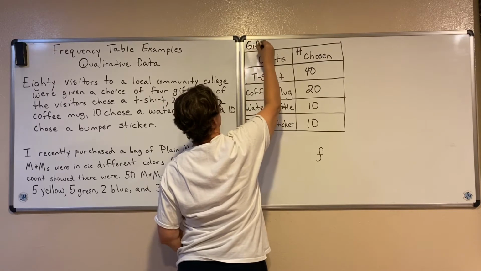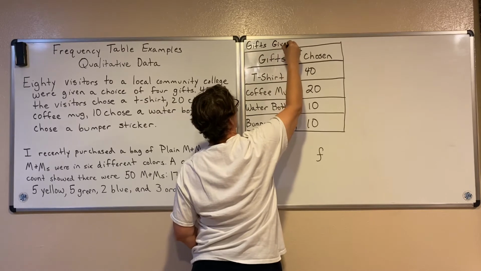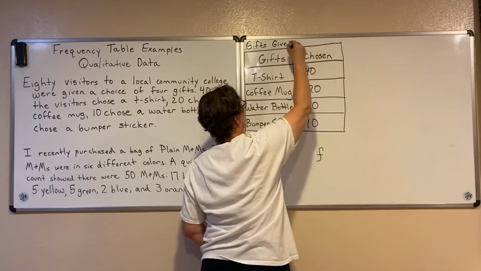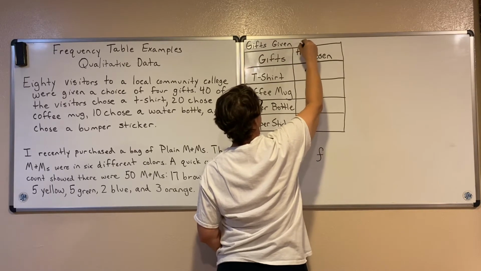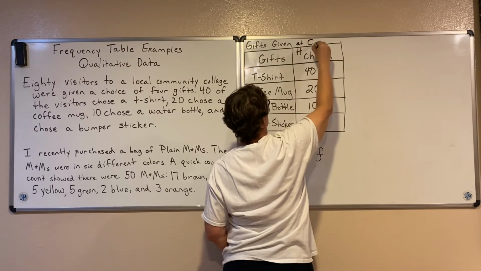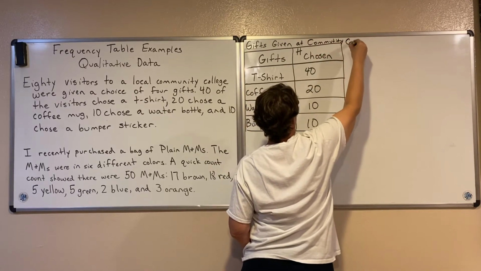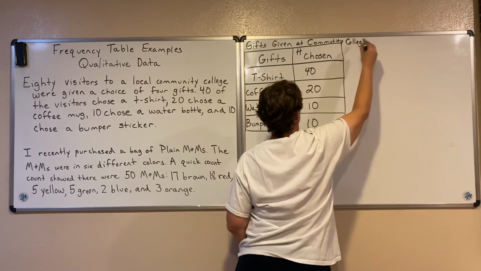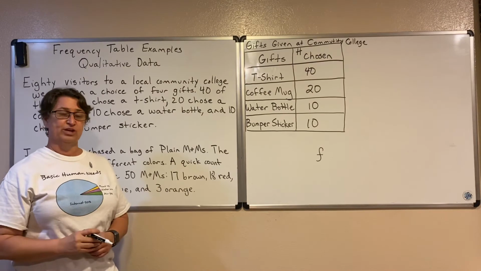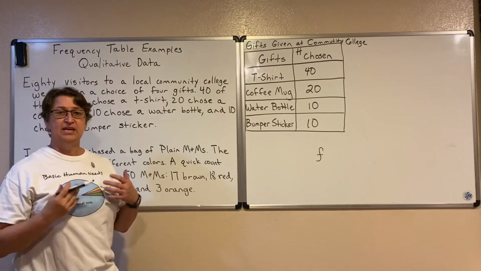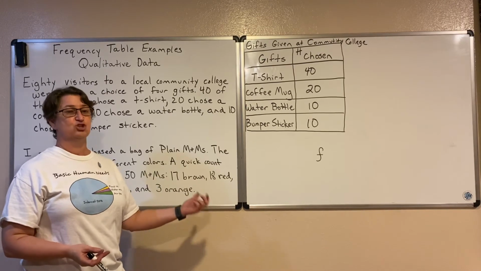All displays should have some sort of title to let your reader know what data we've collected. Gifts given at a community college. So now we can clearly read our data to see just which gifts were given. That's a frequency table. It's just a table that shows the frequency of each category.